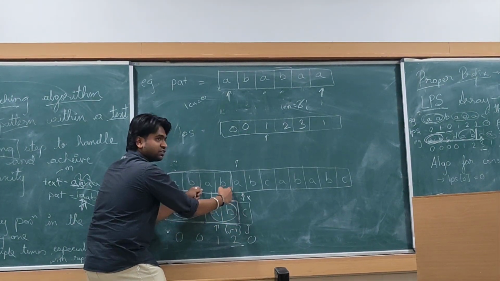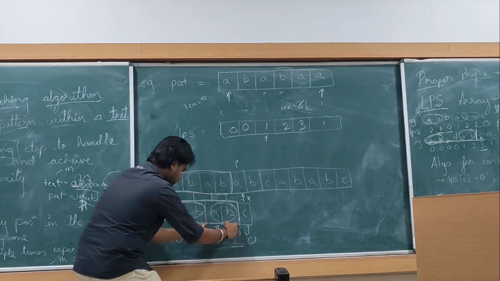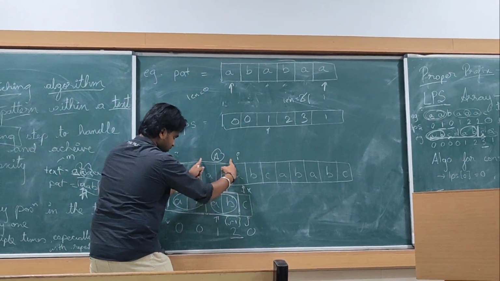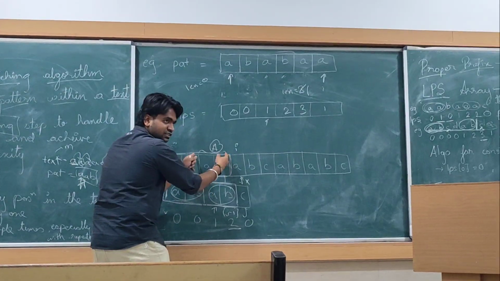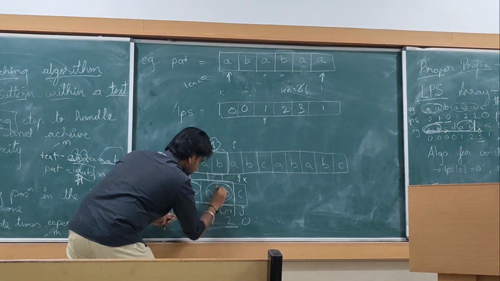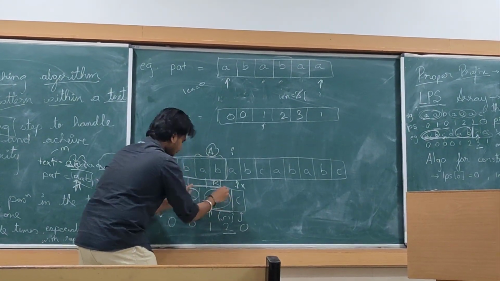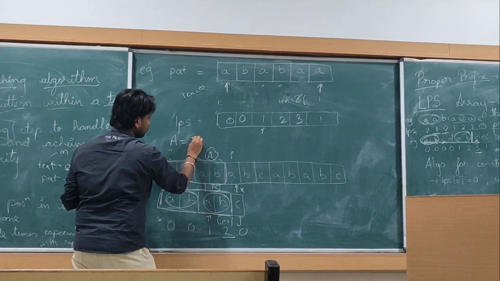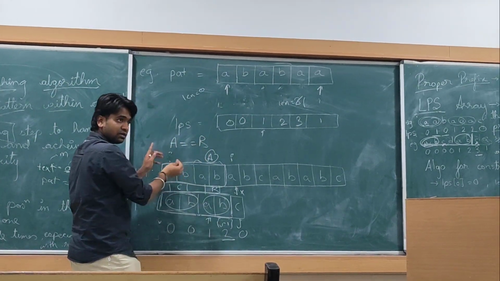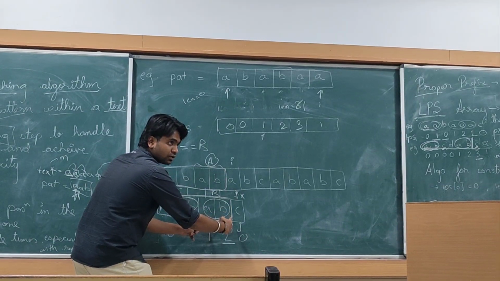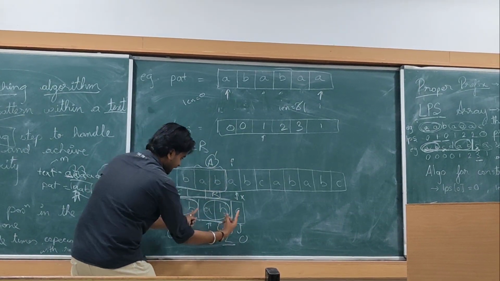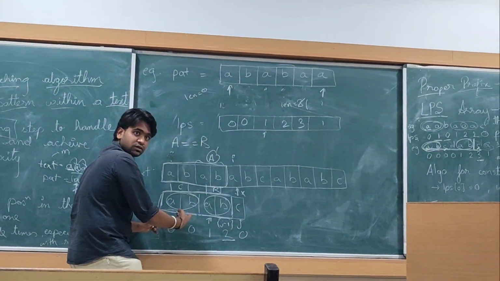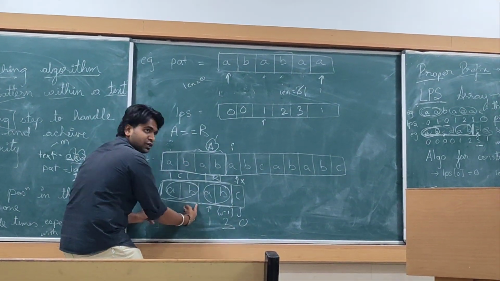So if this is matching with this and this is matching with this, let's say this is A, this is B, and this is C. So what I know is A is equal to B, they are the same. Then a length 2 suffix which is also a prefix, so this is equal to this.